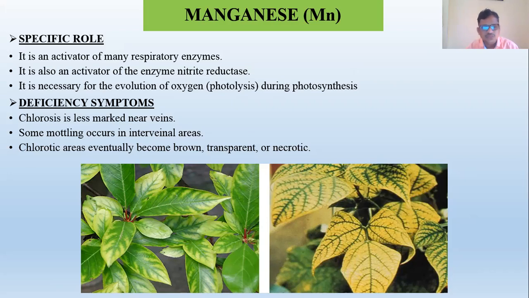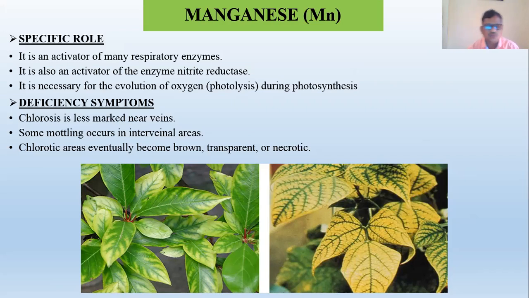Next are the deficiency symptoms. The first one is that chlorosis is less marked near veins, meaning the chlorosis is there near the veins region. Some mottling occurs in intervenal areas.